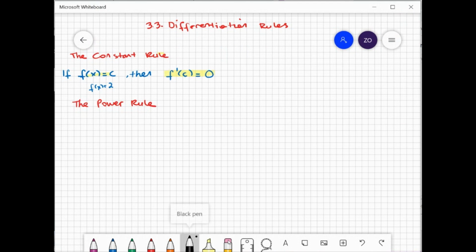How can we show it? Let's do this as a practice. The derivative of f, where f is the constant function, is given by the limit as h goes to 0.